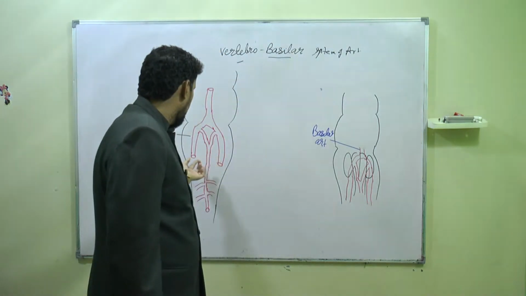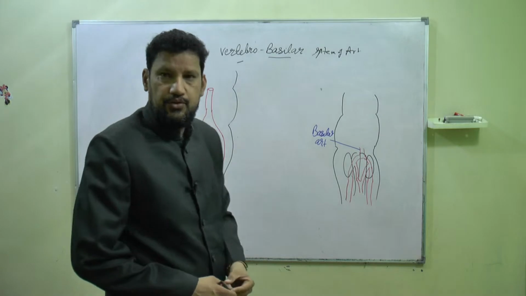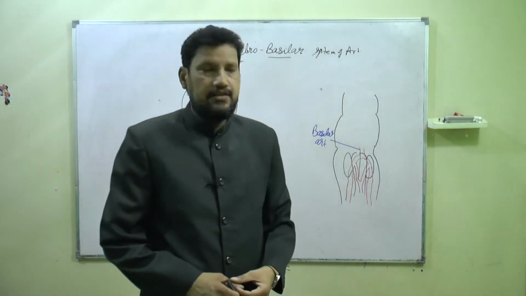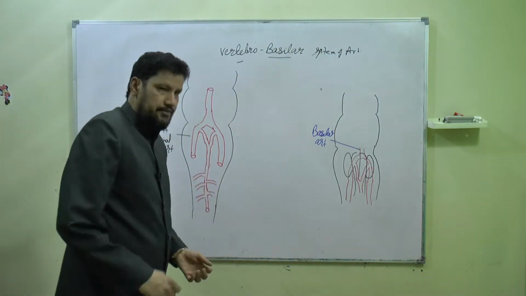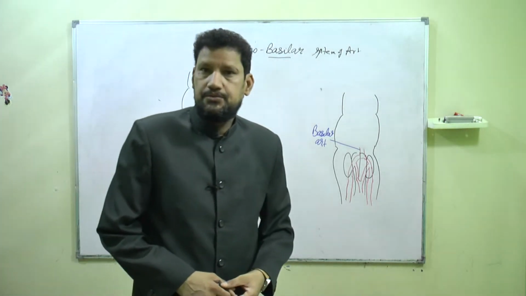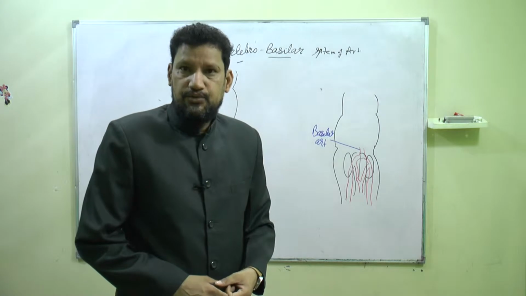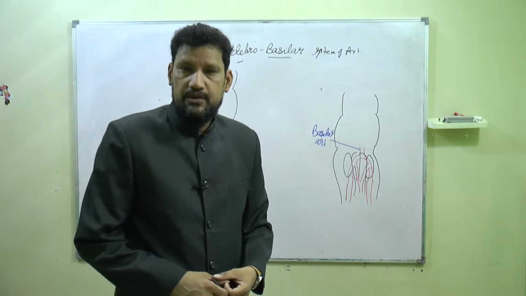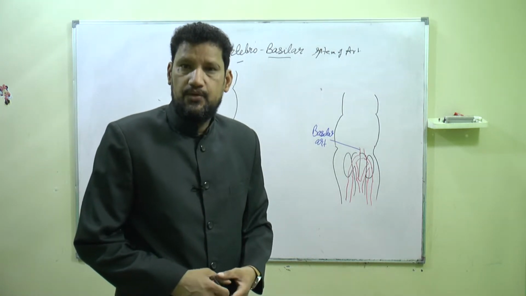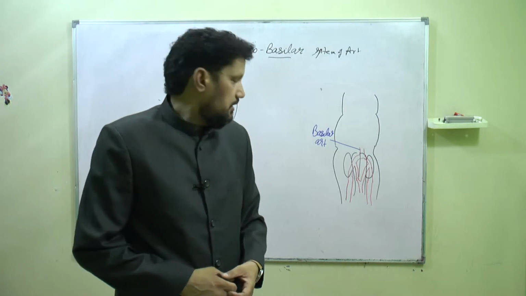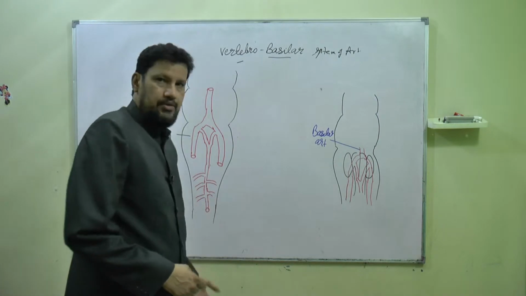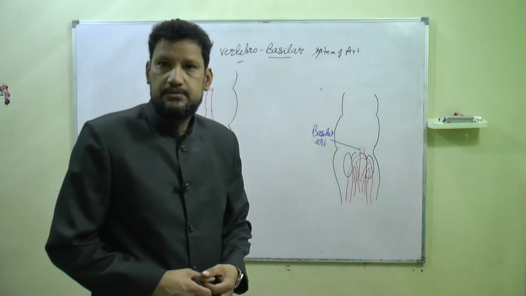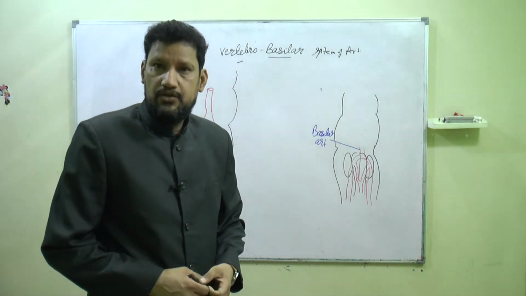So anterior spinal arteries, two in number, join each other to form a main trunk of the artery, which provides blood to the lower part of the medulla. This is the paramedian artery for the medulla and the anterior median part of the spinal cord.